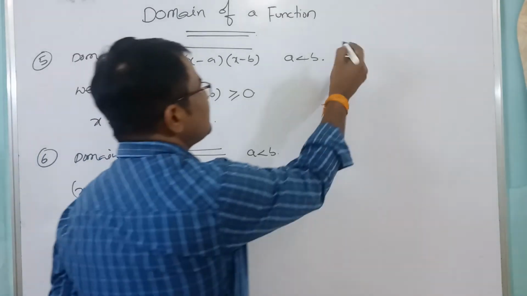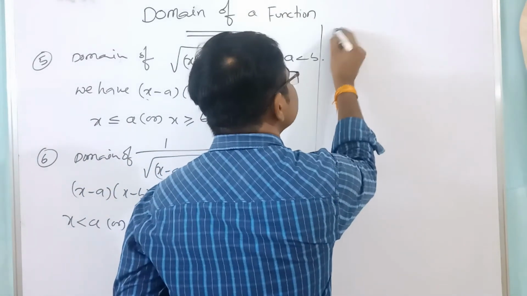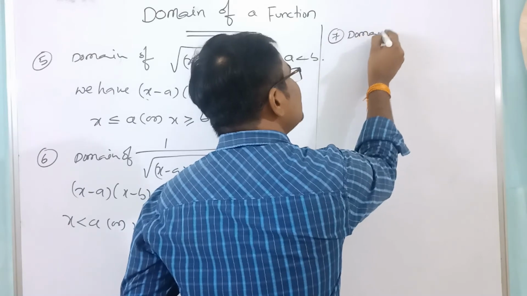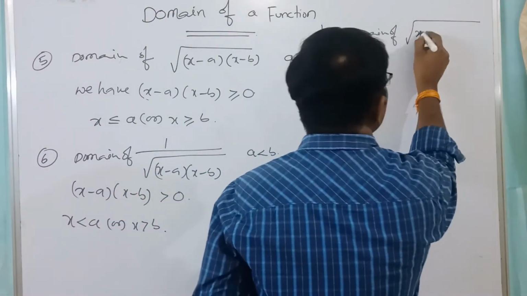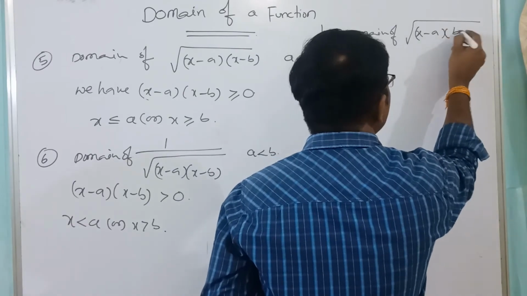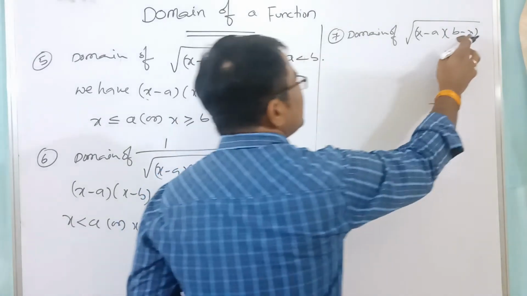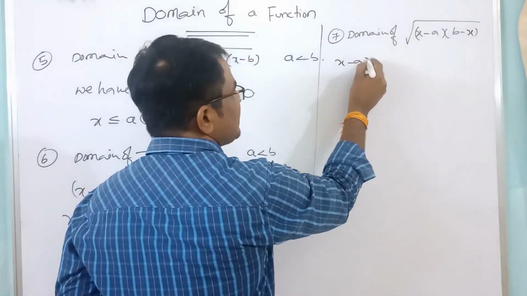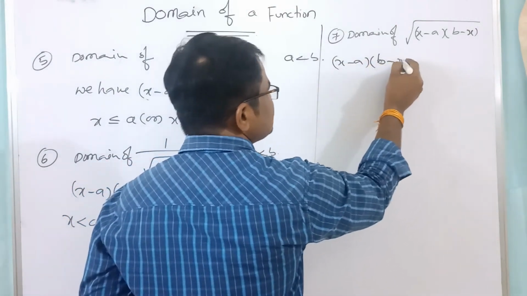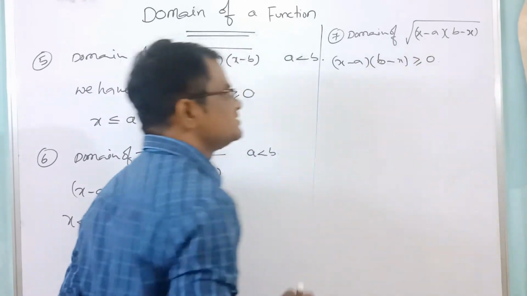Next, seventh one, domain of root of (x minus a) into (b minus x). Here also (x minus a)(b minus x) greater than or equal to 0.